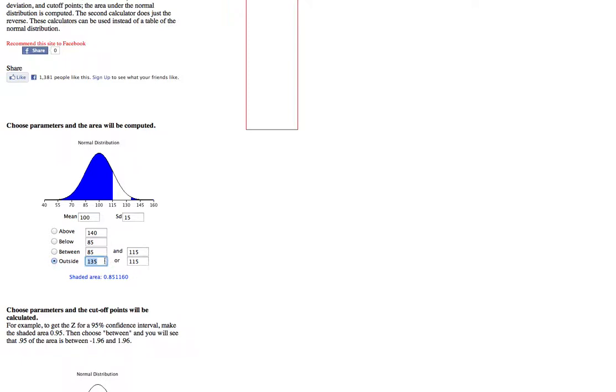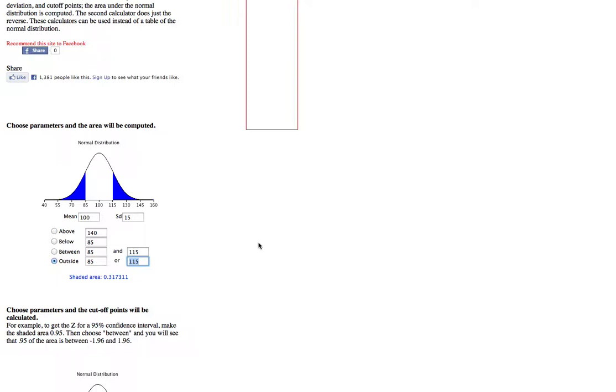I think a more likely question would be to take this example right here and flip it around to 85 and 115. And that just tells us that about 32% of the population have IQs above and below 1 standard deviation of the population.